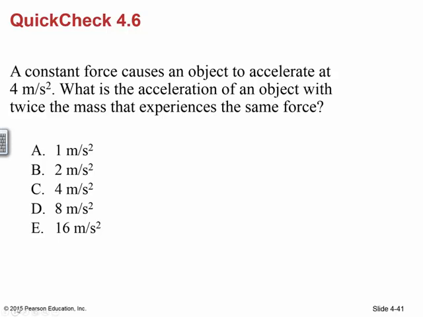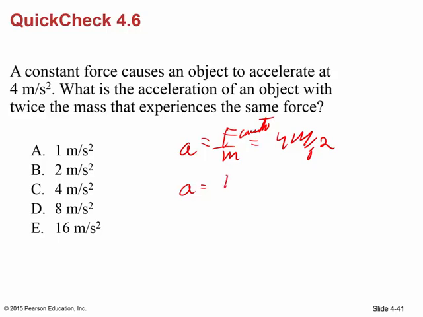We've got a constant force causing an object to accelerate at 4 meters per second squared. What is the acceleration of an object with twice the mass? So we have a constant force. So we got a is equal to F over m, and it is equal to 4 meters per second squared. The force is constant.